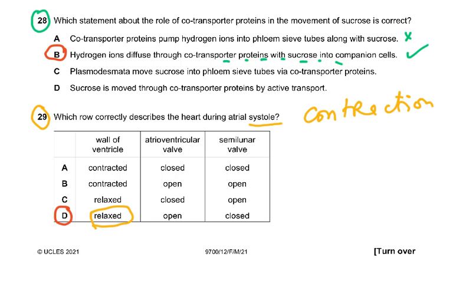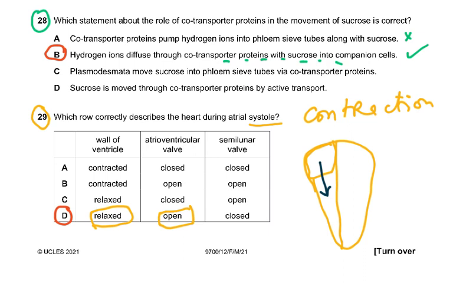Atrioventricular valve has to be open because the atria is contracting, it has to be pushing the blood into the ventricle. This is the heart. This is the atrium. So if the atria is contracting, blood has to enter the ventricle. So the atrioventricular valve has to open, and the vessel coming out of it should be closed, the semilunar valve.